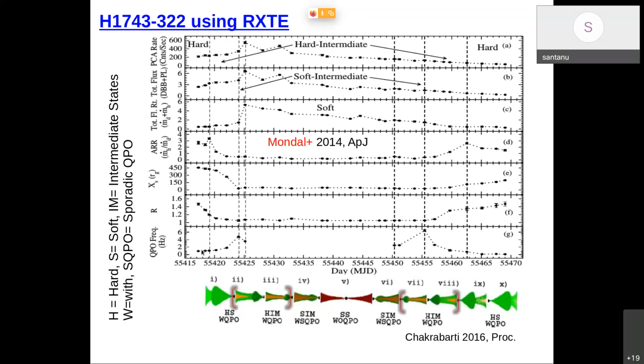Similarly, if you look at the QPO profile, as the shock location decreases, QPO frequency increases. So this is inversely correlated. During the soft state, we did not observe any QPO frequency, and later during the declining phase, it again decreased.